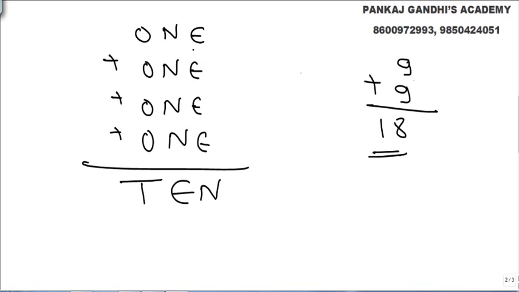Now, the first thing we realize is about the carry forward. If we look here, O plus O plus O plus O, a 3-digit number plus 3-digit number plus 3-digit number plus 3-digit number, the summation is a 3-digit number.